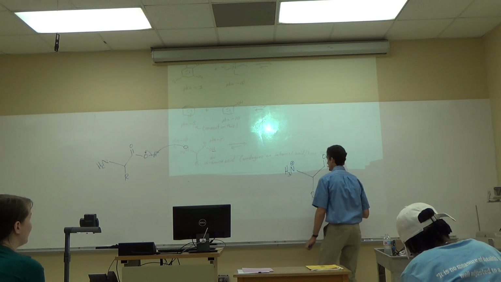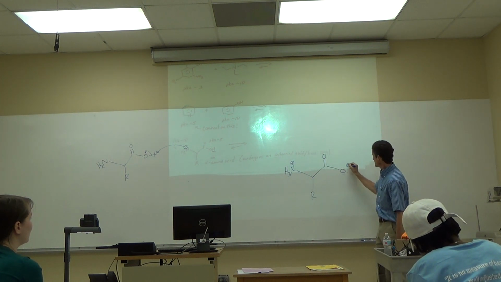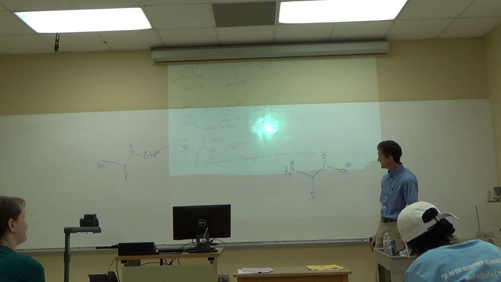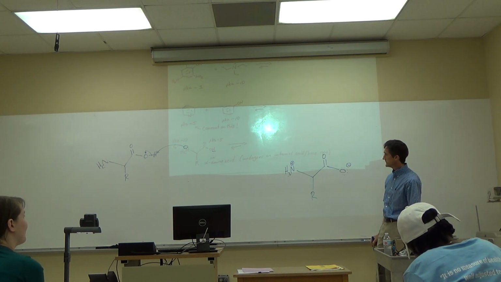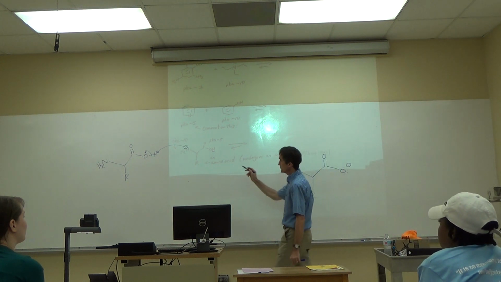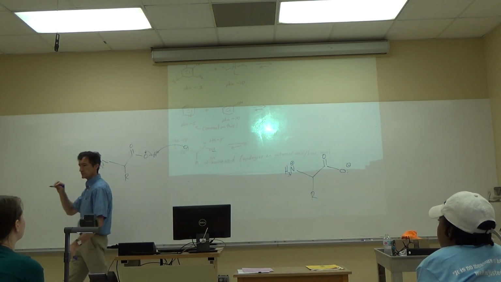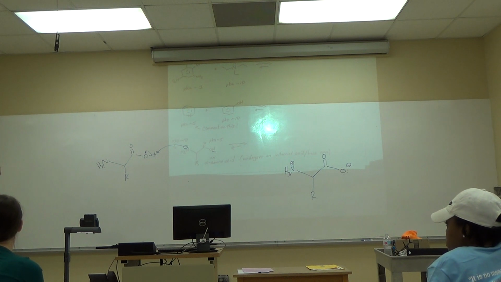Third lone pair. And now it's negative. And this is the result of the internal, or intra. Well, I showed mechanism. I showed intermolecular, but basically it's the result of having an acid base within the same molecule.